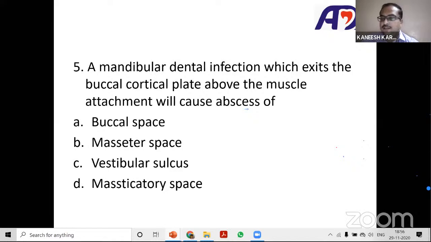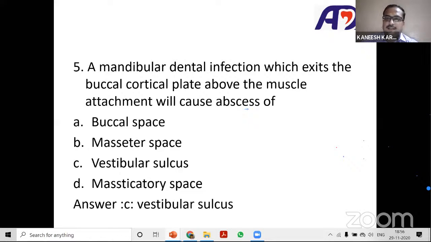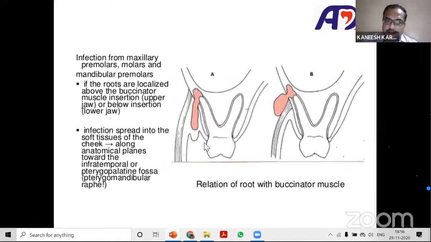The answer is vestibular sulcus. In the maxilla, if the muscle attachment is above the apex of the tooth, the infection goes into the vestibule.